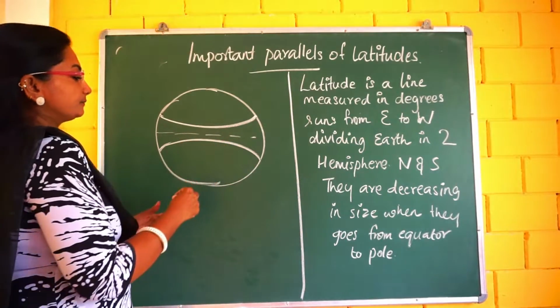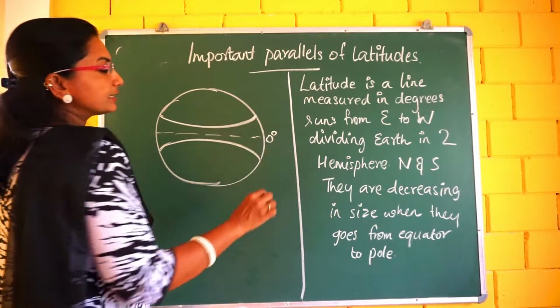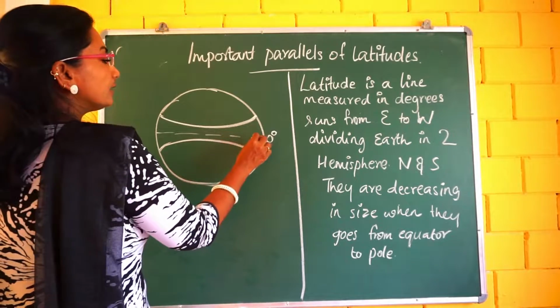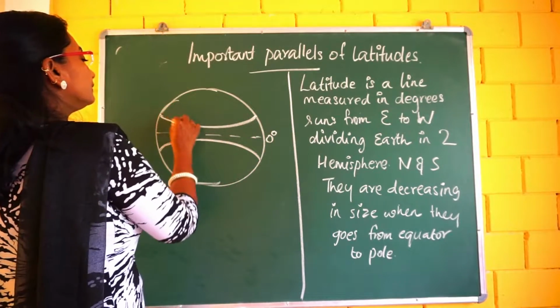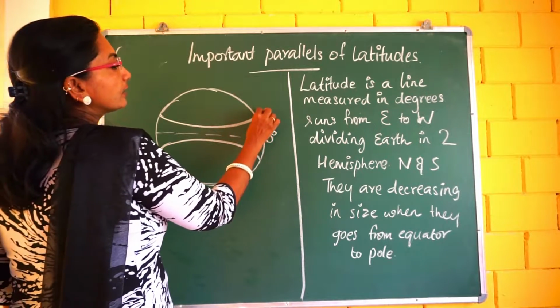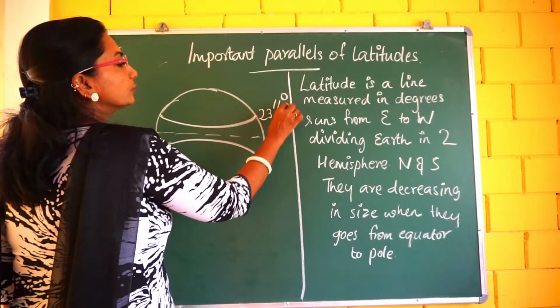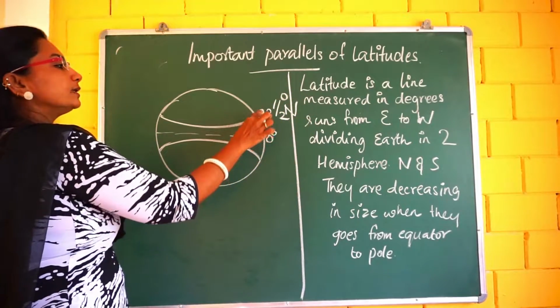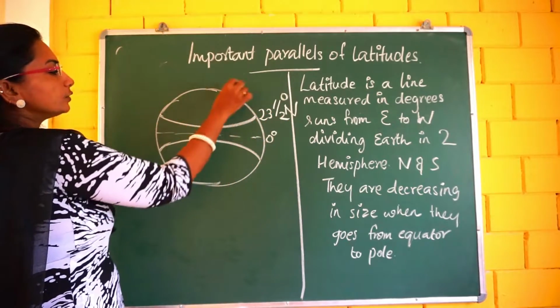Okay. Now listen. I told you this is the equator, and it is 0 degree. We are measuring it in degrees. So the equator is 0 degree, and from here another imaginary line, or parallel of latitude, comes here, and it is 23 and 1/2 degree north. Okay, 23 and 1/2 degree from the equator, going to the north.